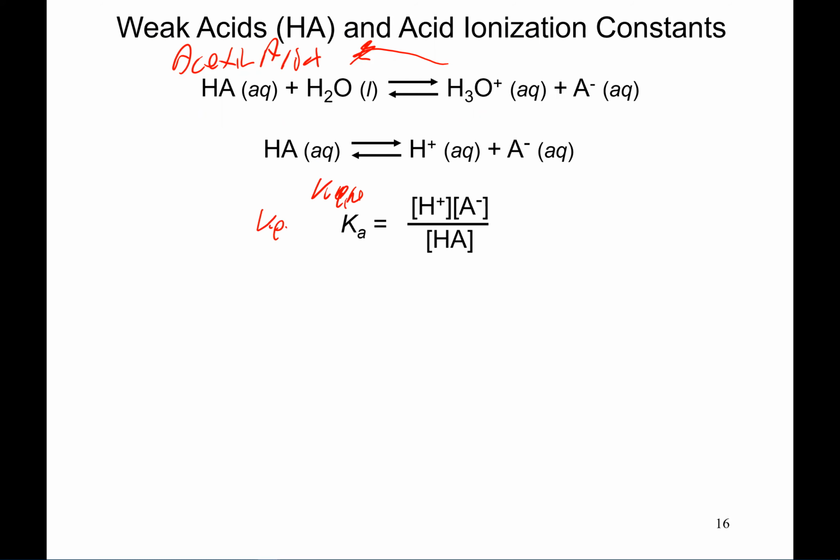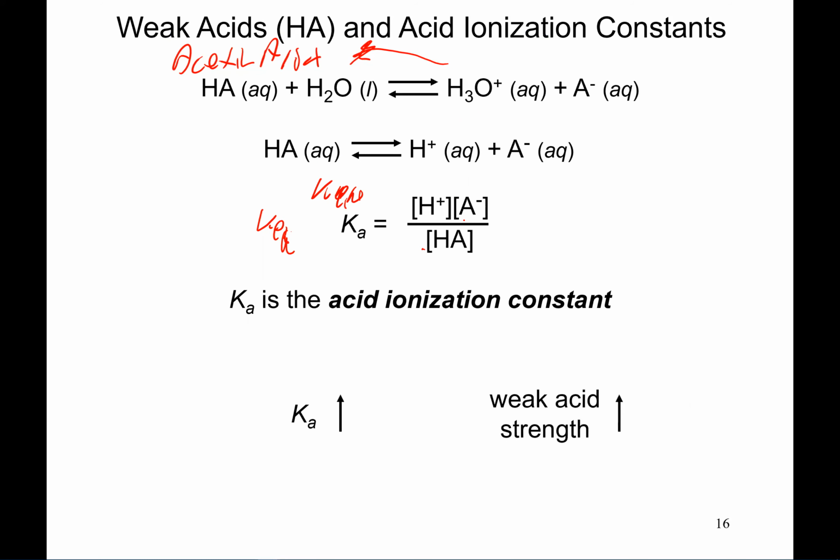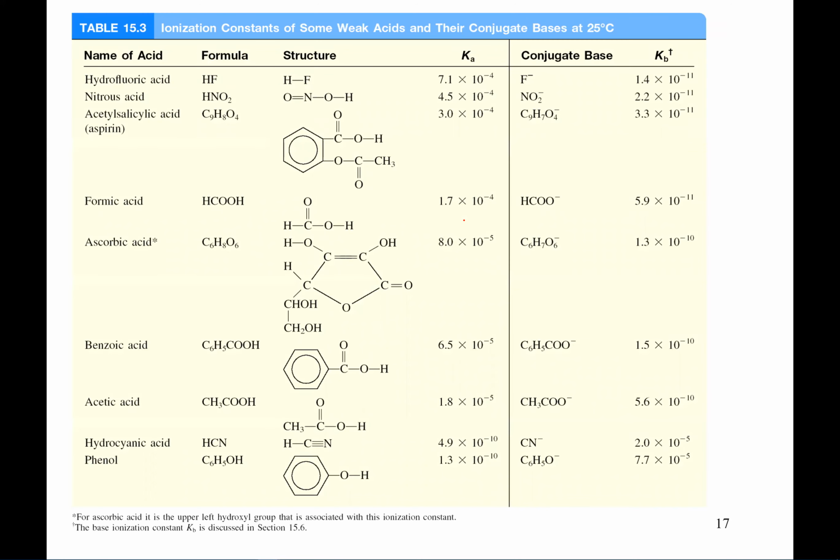When you include the HA in there, you get the Ka, the acid ionization constant. As the Ka goes up, the weak acid strength goes up too. Here are a bunch of different examples of ionization constants for weak acids and their conjugate bases.